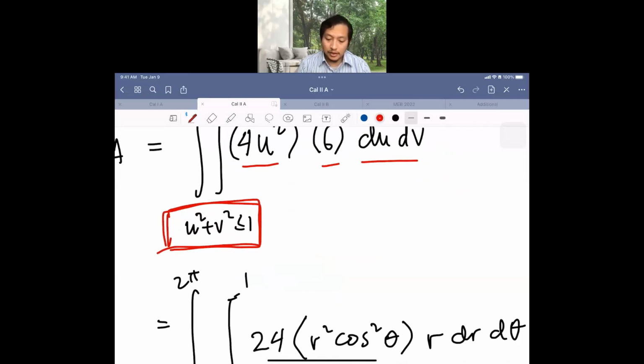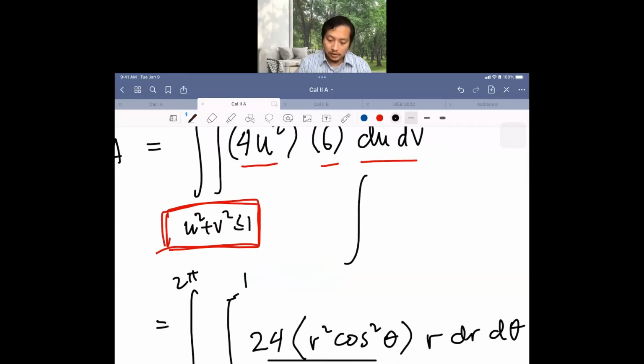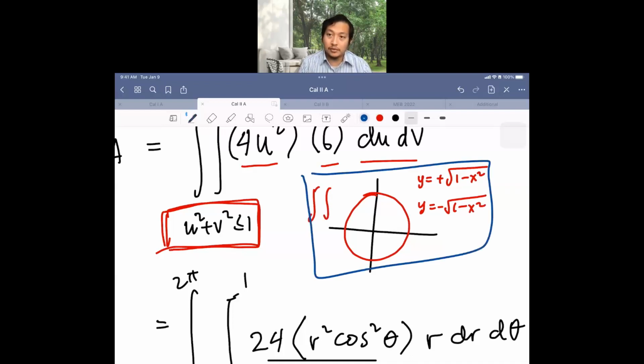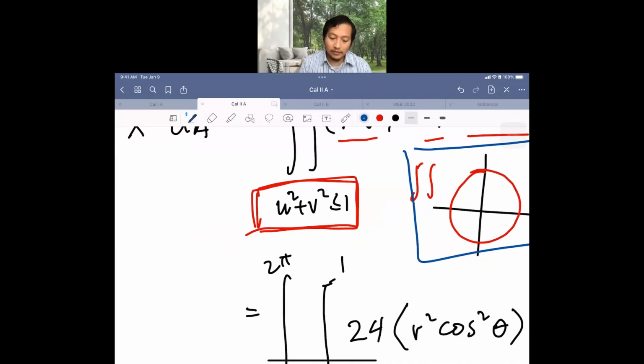Well, you could still take plus square root of 1 minus x squared or minus square root of 1 minus x squared and put it in the double integral. You can still do this, but of course, this is complicated and difficult to write. So that's why from this side, we change to polar.